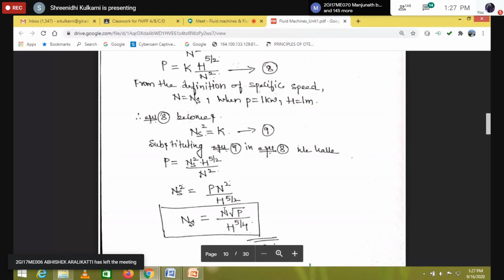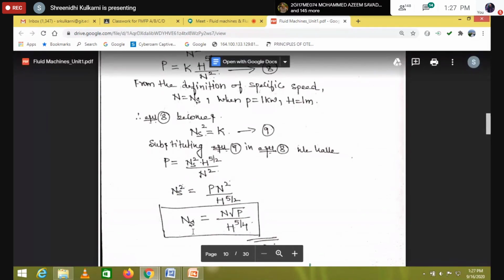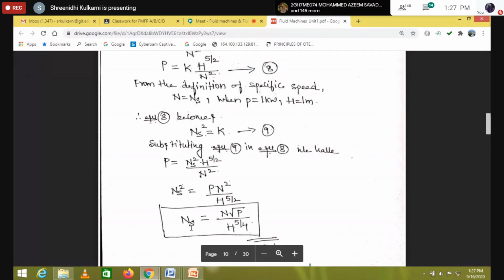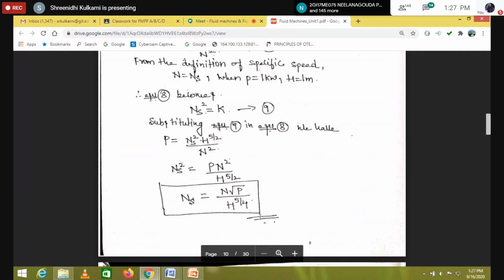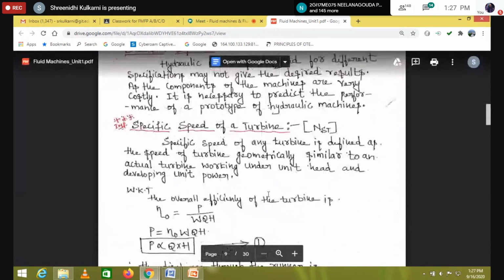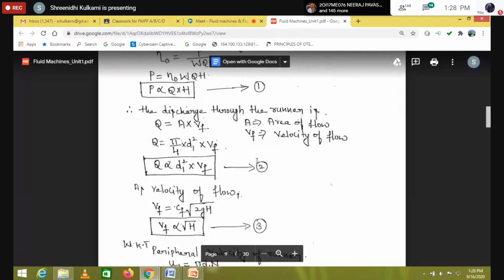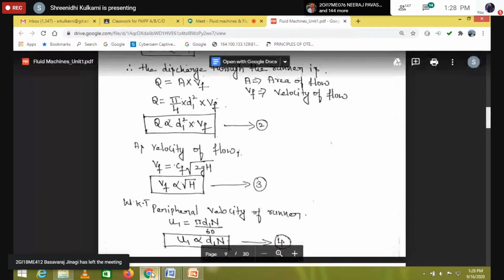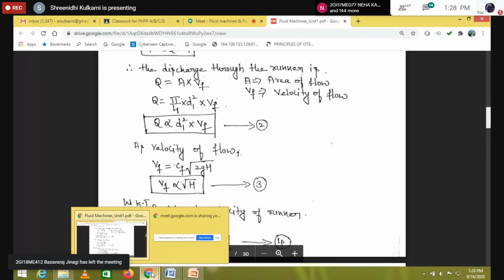Please remember this. This equation is called the specific speed of a turbine. If you have any doubt in any step of this derivation, you can ask here. Just unmute your mic and ask.